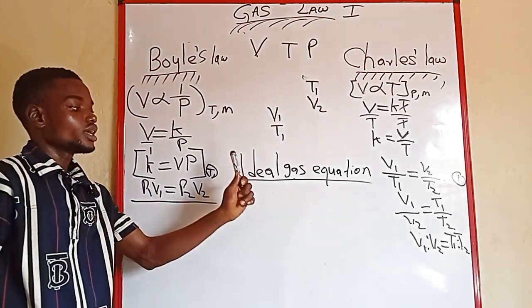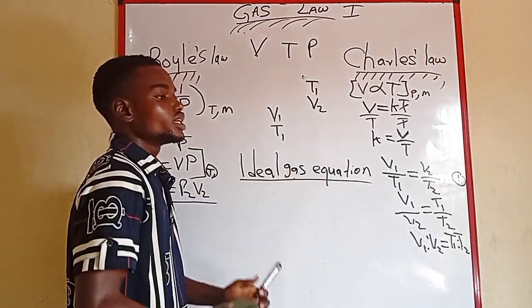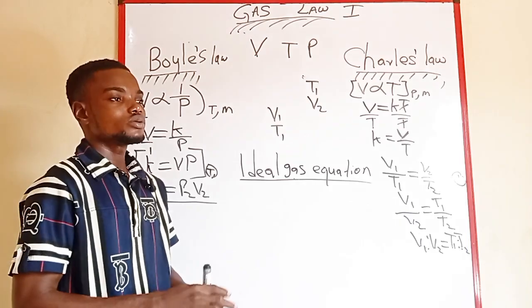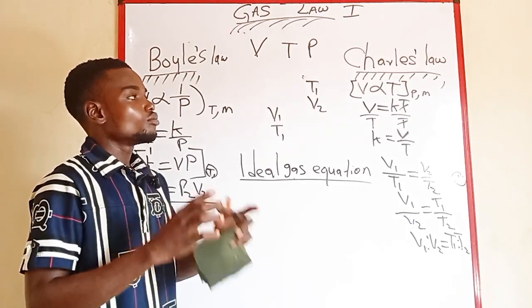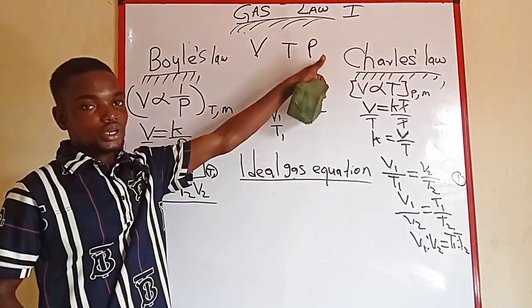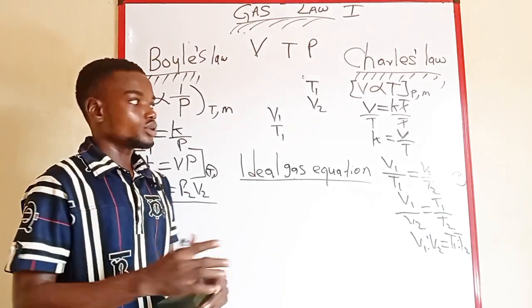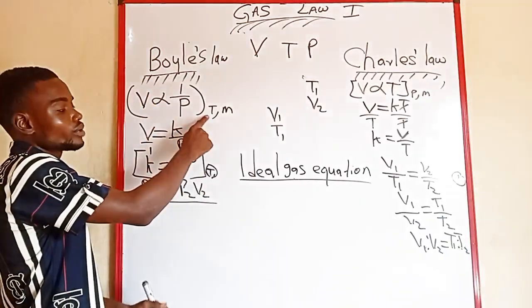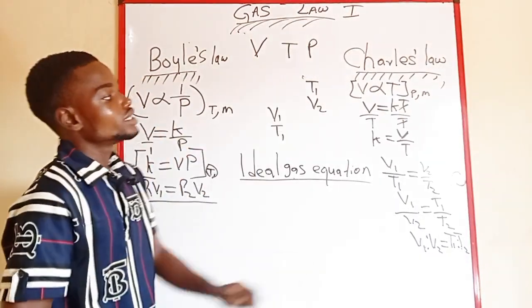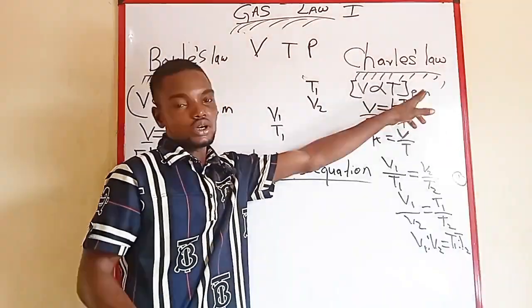Now we move over to the ideal gas equation. This ideal gas equation combines the fact that most times the temperature and the pressure might not be constant. For Boyle's law we assume that the temperature must be constant, and for Charles's law the pressure must be constant.